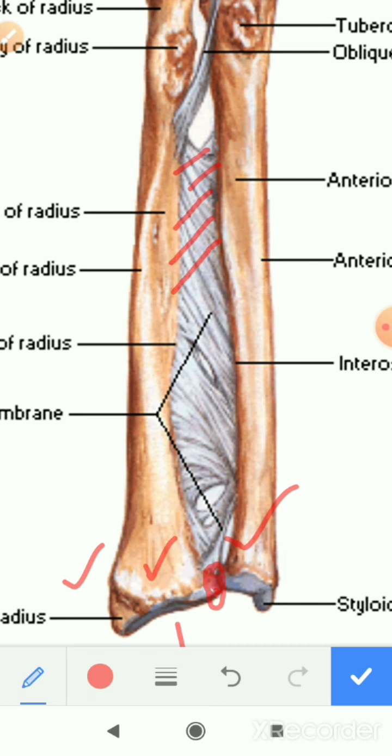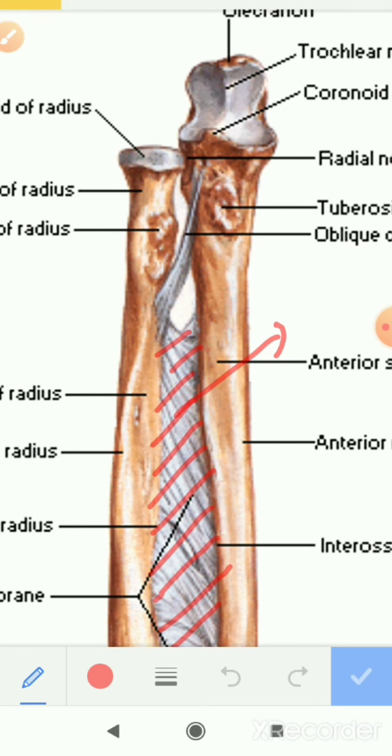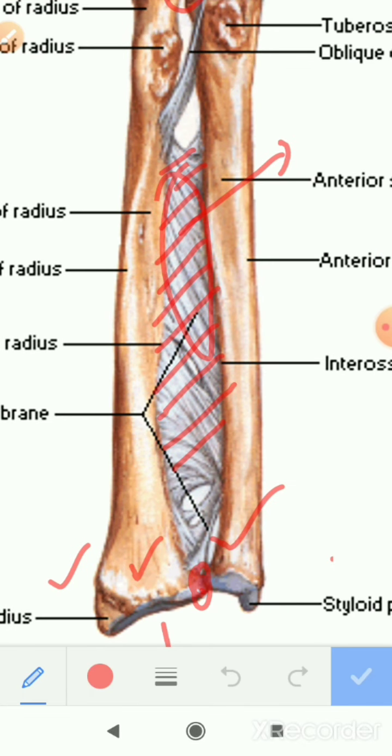This is called the interosseous membrane. So this is called the middle radioulnar joint. So between radius and ulna we can find three types of joint. Above there was the superior radioulnar joint, in the middle there is the middle radioulnar joint, and at the inferior end there is the inferior radioulnar joint.